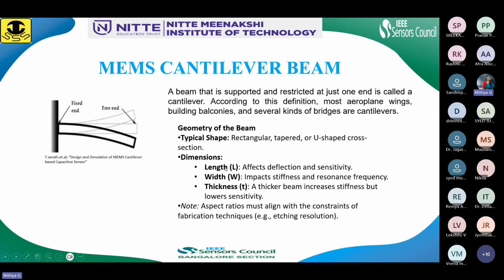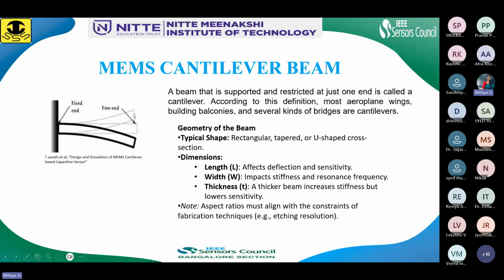For example, if I vary the length of the cantilever beam, it affects the amount of deflection. As you increase the length of the cantilever beam, the deflection increases. In turn, it affects the sensitivity of the device.